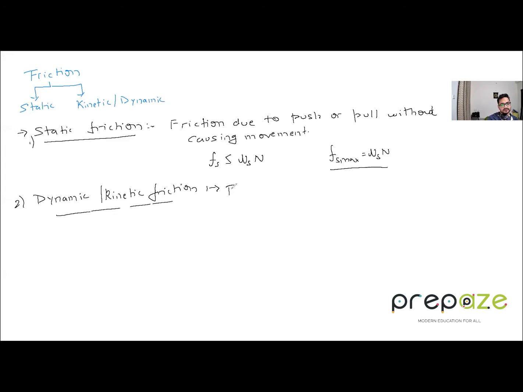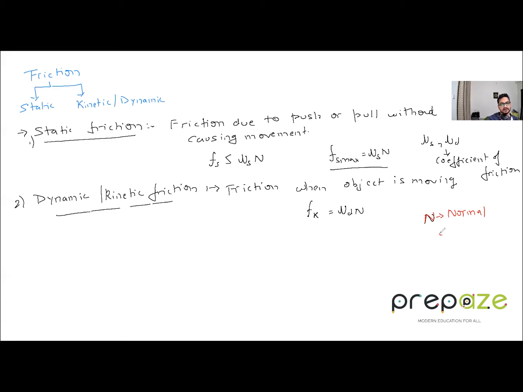We talk about this friction when the object is moving, and its value Fk or Fd is mu d into N. Now this mu, mu s and mu d which I wrote, are called the coefficients of friction, and N is the normal reaction force which we discussed earlier. So these are the two types of friction.